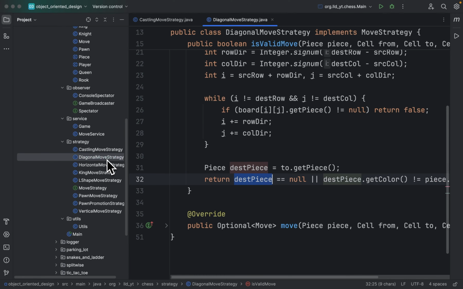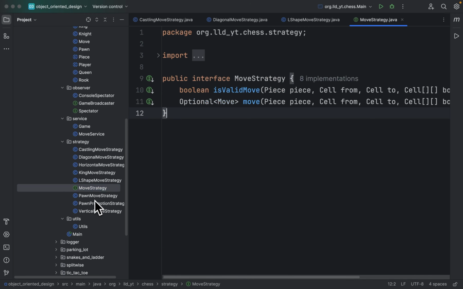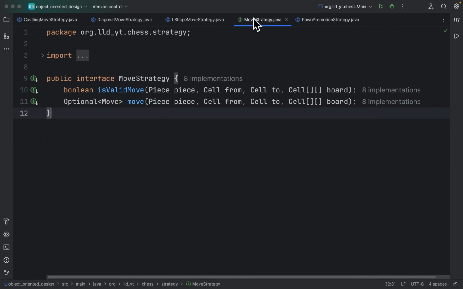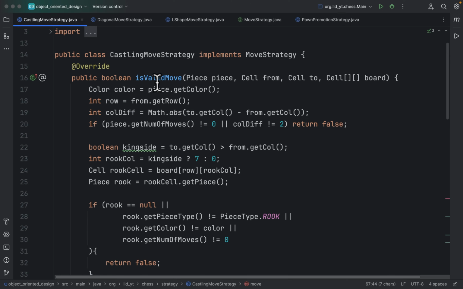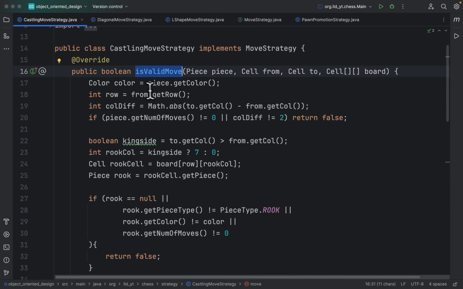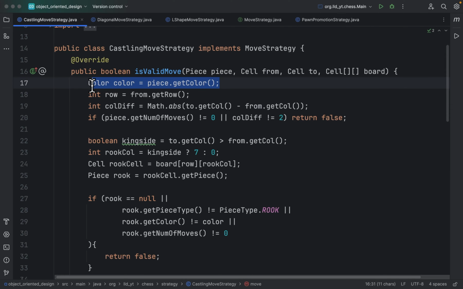Castling move strategy, diagonal move strategy. So each and every move strategy would be implementing this isValid move function and the move function. Okay. So coming to the castling move strategy, there is this isValid move function, and in that we are first getting the color of the piece which we would be moving, and we are also knowing the source cell and the difference between the source and the destination column.